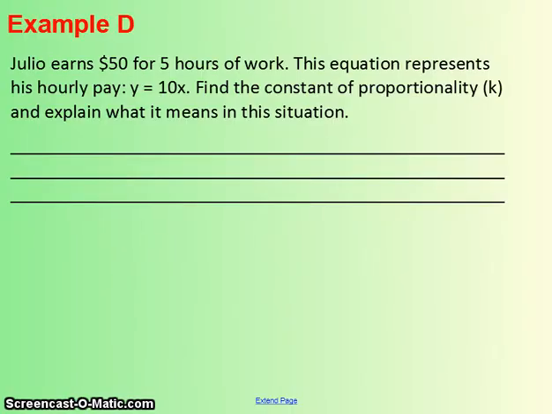Alright, last example. This one's a little bit different, so let's read it first. It says Julio earns $50 for 5 hours of work. This equation represents his hourly pay, so the equation is y equals 10x. Find the constant of proportionality k and explain what it means in this situation. Alright, so they're telling me he gets $50 for 5 hours.